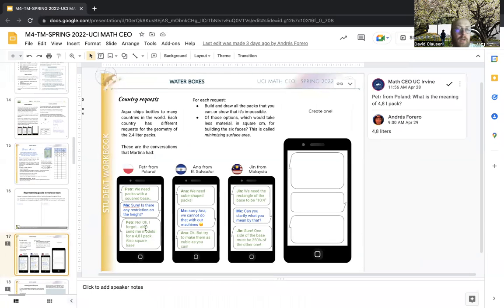Aqua ships water bottles around the world, so they want different specifications for the size of these 2.4 packs. Peter from Poland wants a square base.